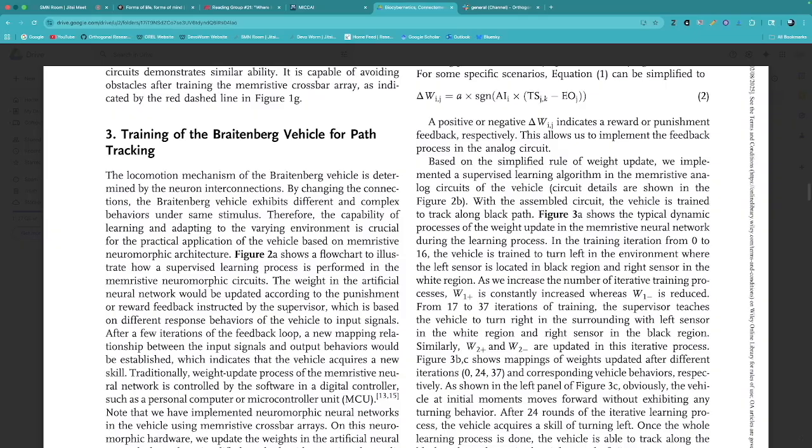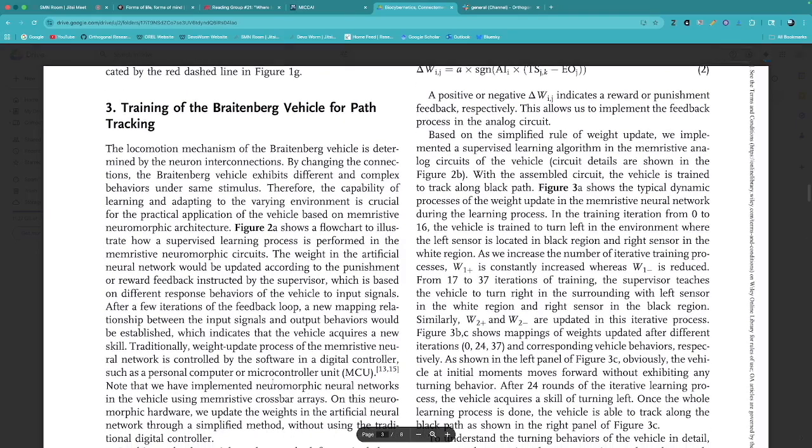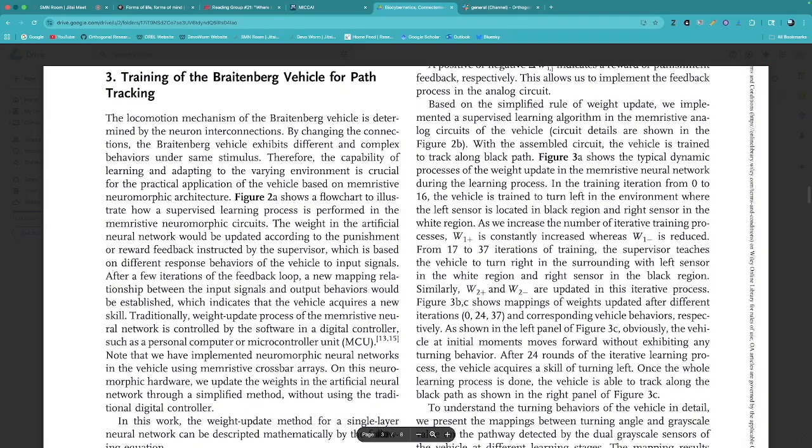Traditionally, the weight update process of the memristive neural network is controlled by the software in a digital controller, such as a personal computer or a microcontroller. So we have this weight update process going on kind of separately from the navigation, and it's just giving feedback.